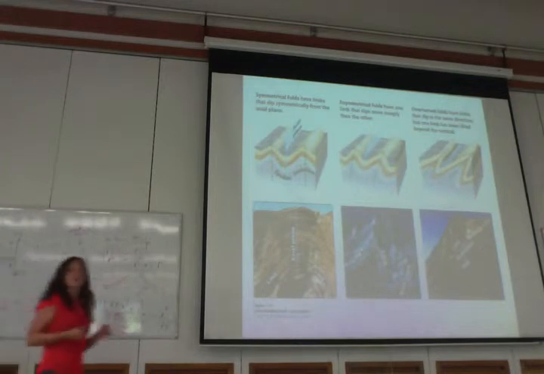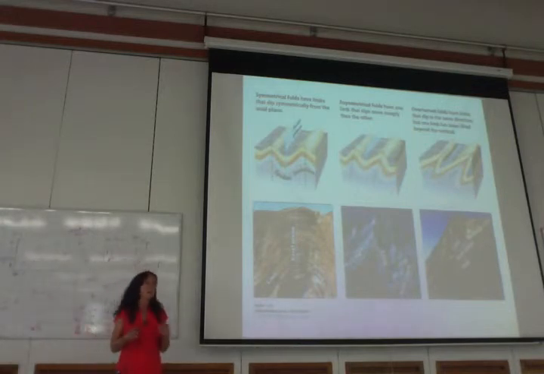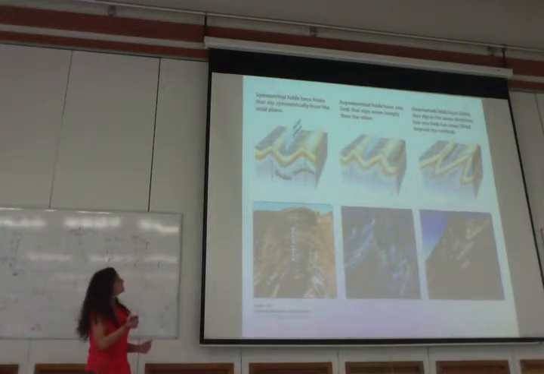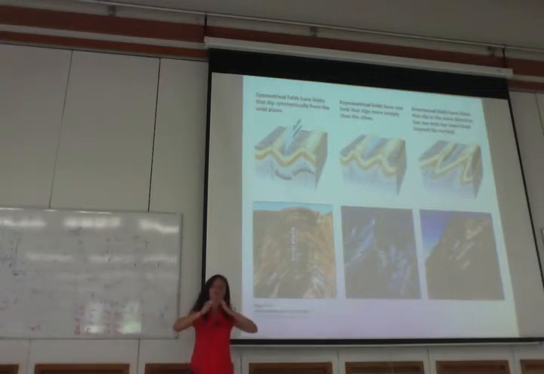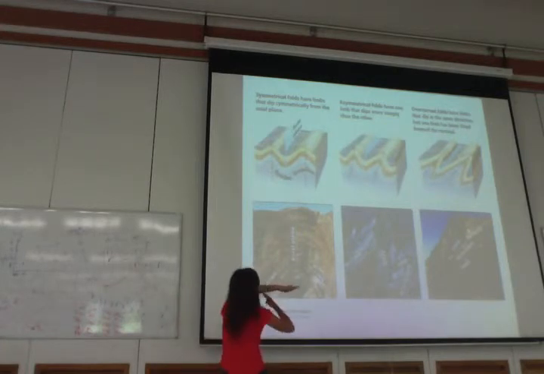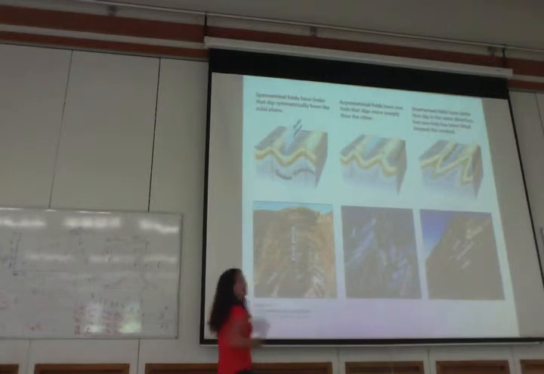And we can also describe folds by whether they're symmetrical or not. If you have a symmetrical fold, that means the angle of dip either side of the fold axis is equal on both sides. We measure dip from the horizontal: if the bed is no longer horizontal, we measure that angle, and that's our angle of dip.